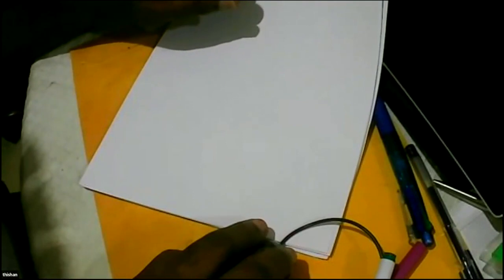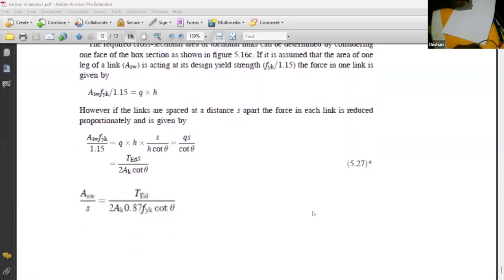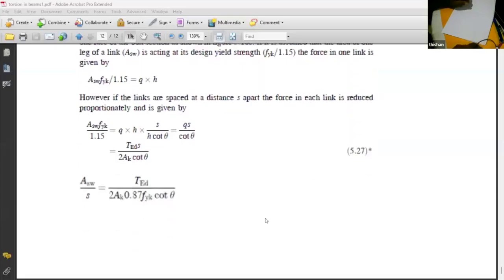Right. Okay. So what we are going to do now is go back to the design example. In this design example, the theory is covered in a number of steps.